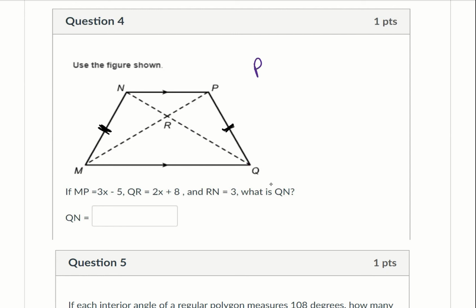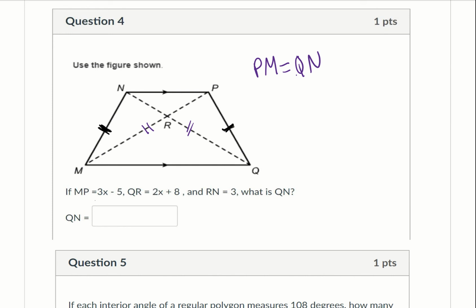So we know that PM is equal to QN. All right, so we'll just indicate that here, that the entire length is the same, not just this little chunk, the whole thing.